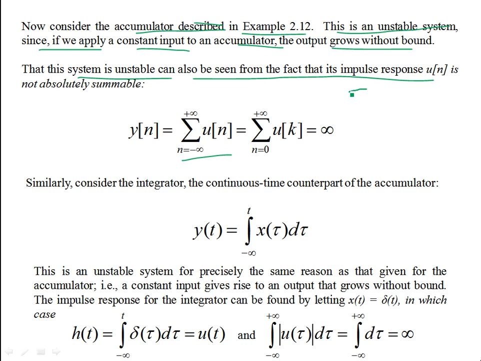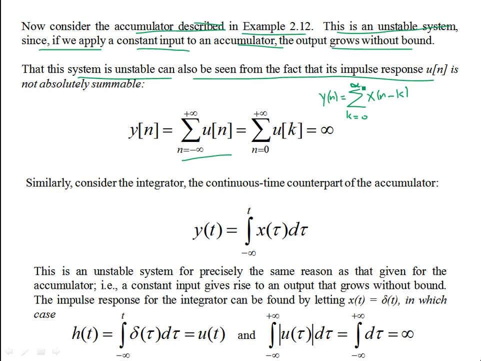To recall how an accumulator works, there are many alternate representations for such a system. One representation in terms of summation is the sum over k of x of n minus k, where k varies from 0 to infinity.